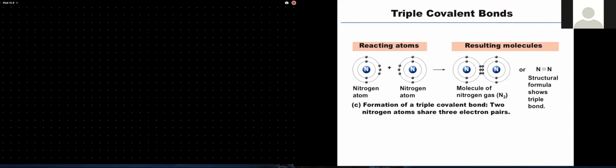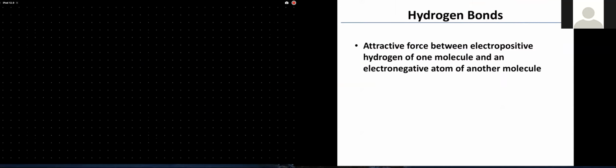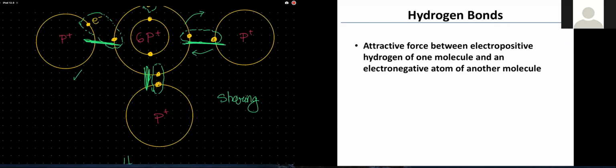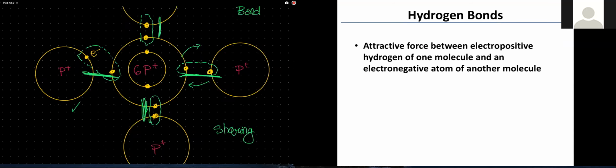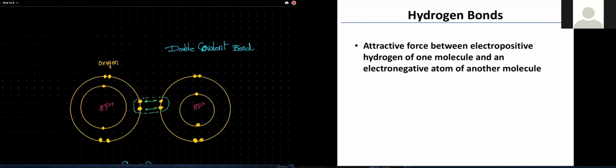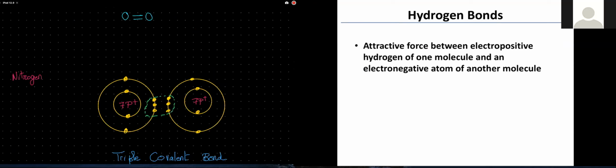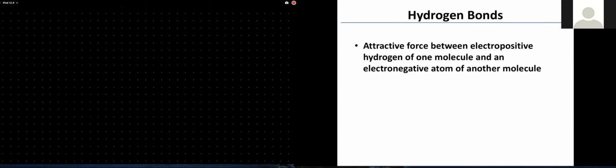All right, so looking at another type of chemical bonds, which is the hydrogen bonds. Do you remember how many protons I have in an oxygen? 8 protons. All right, so let me draw an oxygen in here.